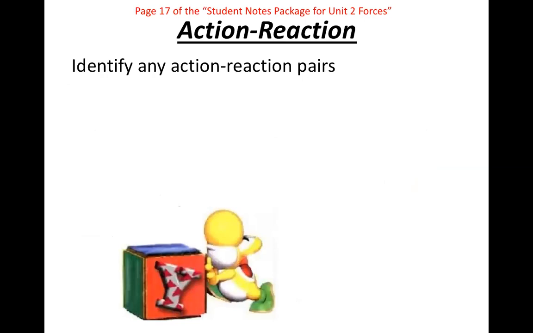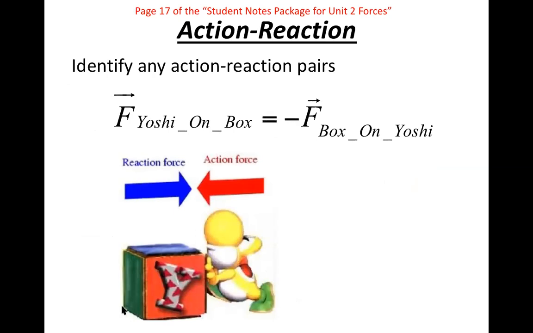Another example, you've got Yoshi pushing this box to the left. The action force might be considered the force of Yoshi on the box, and the reaction force is the pushback of the box on Yoshi. So maybe if there was a pattern on this box, if there was an imprint, Yoshi would have the imprint on his skin when he releases, and that's evidence that there's a reaction force.